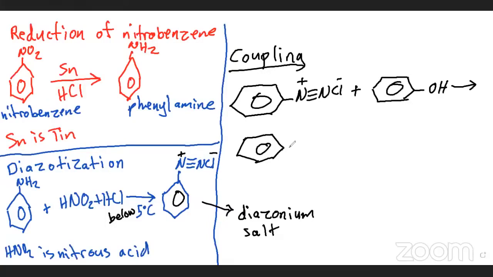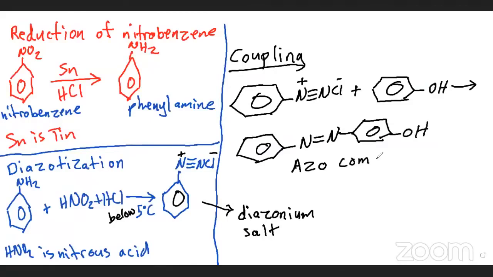After coupling, you will have nitrogen double bond nitrogen. You see this salt here, we're going to attach it to carbon number 4 of your phenol. This compound, where you join up phenol with the diazonium salt, is an azo compound, or we say an azo dye, because it is actually a dye.